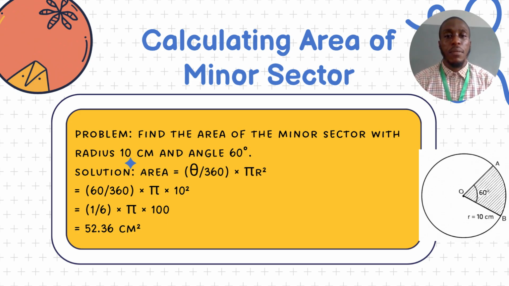The problem given here is to find the area of the minor sector with radius 10 centimeters and an angle of 60 degrees. How do we solve this? We use the formula: theta divided by 360 times pi times r times r. Substituting the parameters, we have 60 divided by 360 times pi times 10 times 10.